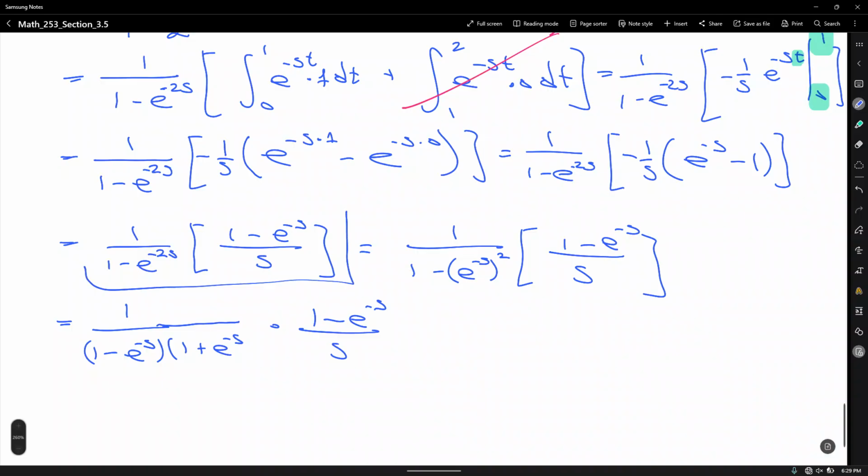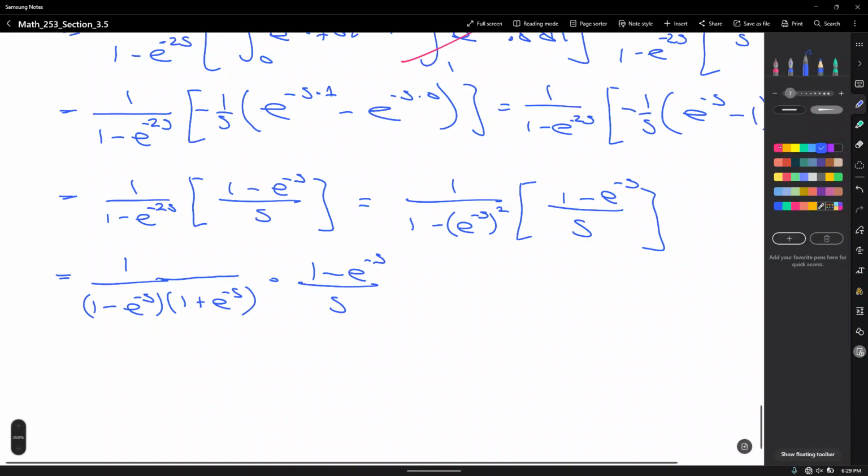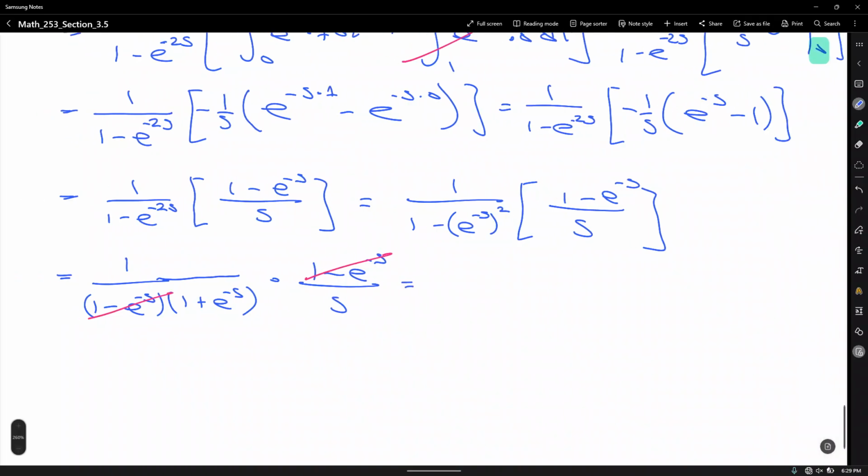But I'm going to go the extra few miles. Cancel these two. This is s times 1 plus e to the negative s. And it seems even more simplified, right?